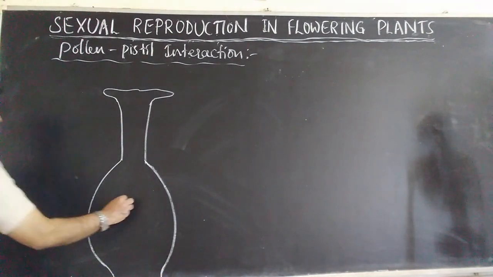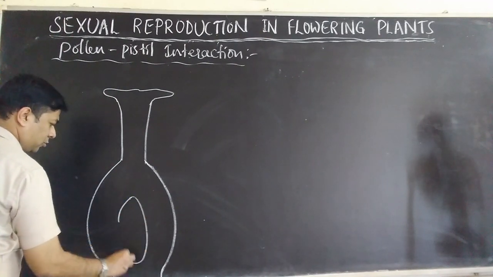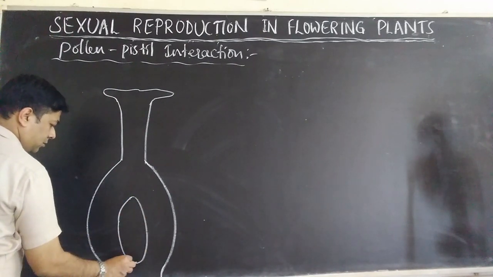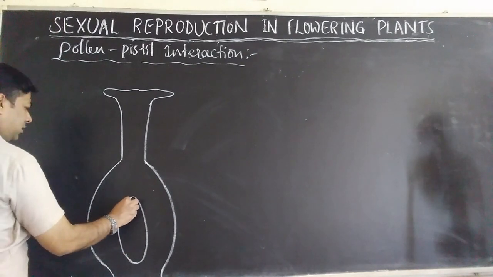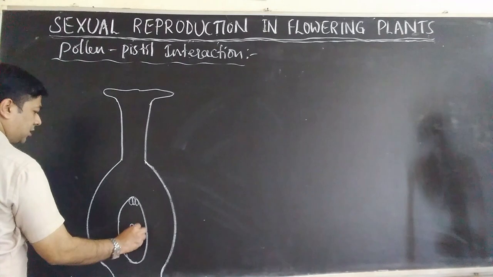So if you remember, suppose there is a protein here and it contains 8 cells here.